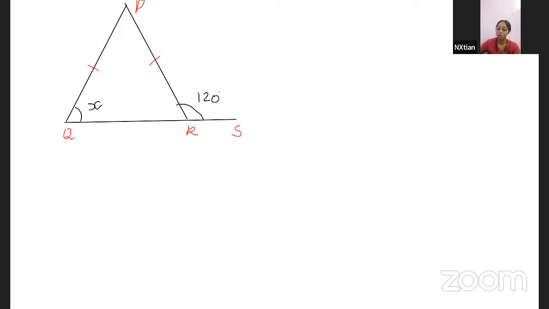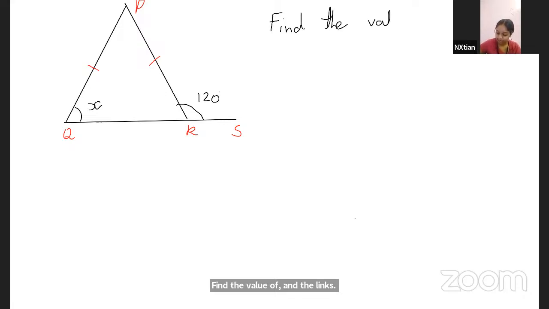Find the value of angle x. Find the value of x. Try this out right now, all of you.